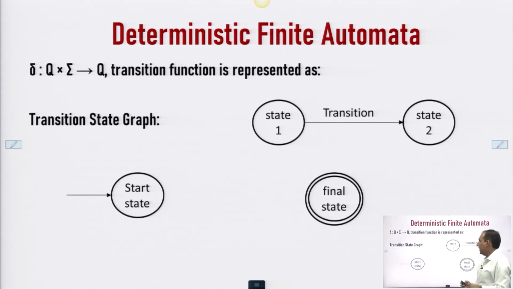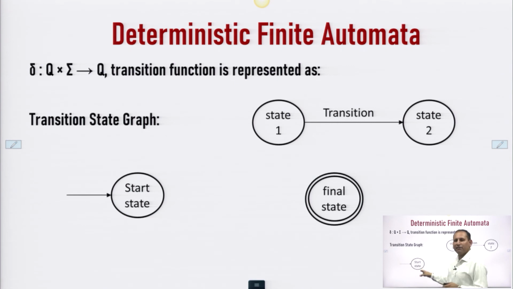Now, in this slide we can see the different building blocks which are used to draw the deterministic finite automata. Here you can see that the transition function can be represented by transition state graphs.